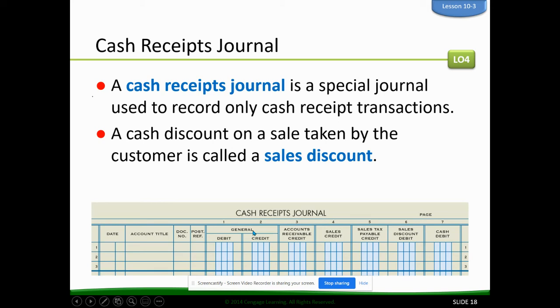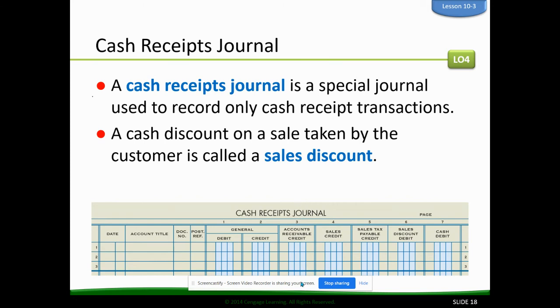Now, because we're dealing with a lot of payments from customers, we have an accounts receivable column. Remember, they only added columns that we would see over and over again, so we wouldn't have to do more than one line per transaction.